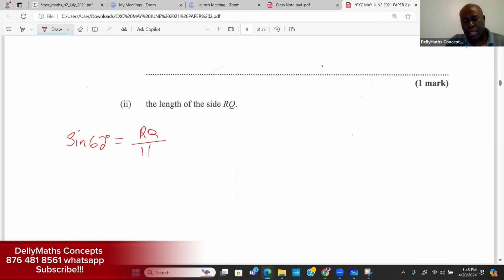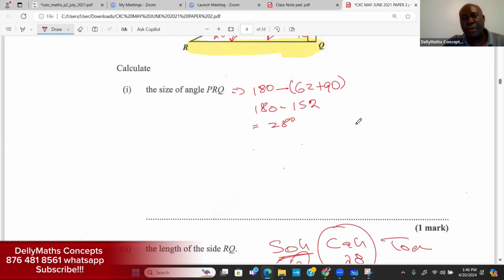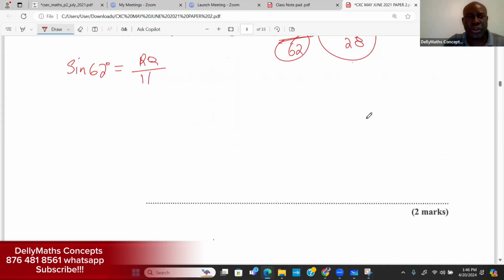over 11. Bear in mind though that we could have done a number of things. I'm using this from 62 degrees. I could have used 28 degrees and then I would use that, right? Nothing else could work at the moment unless we're going to do extra work. So I'm just taking it from the sine angle. So I'm going to multiply both sides by 11.